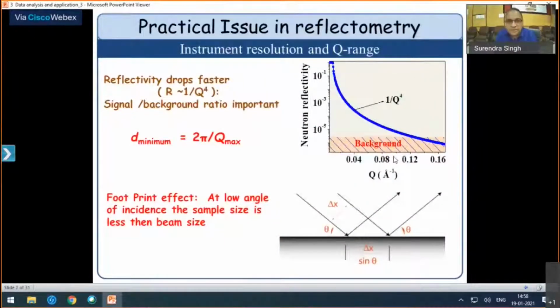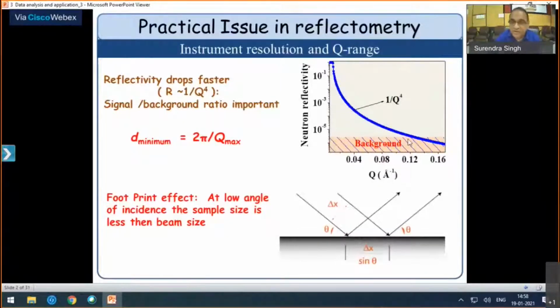So yesterday I just touched upon these three things, which are a bit practical issues in reflectometry. I told you, since reflectivity falls as 1 by Q to the power 4, we can measure up to a particular Q value only, because then the signal to noise ratio becomes 1, and we cannot trace out the signal from the background.